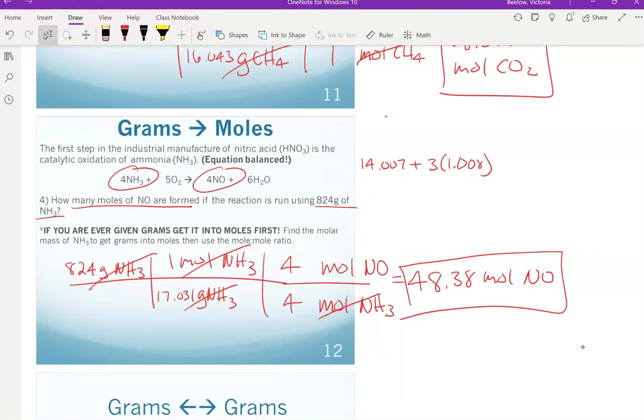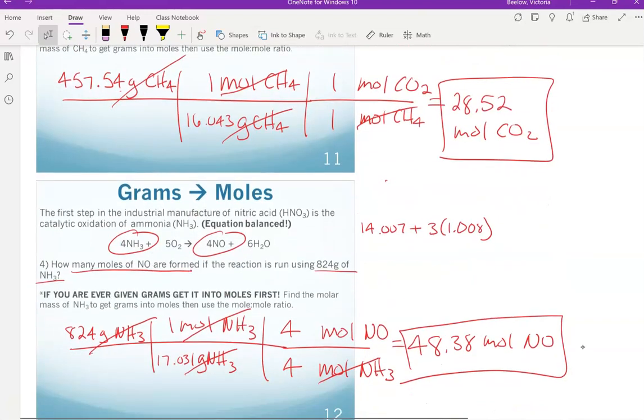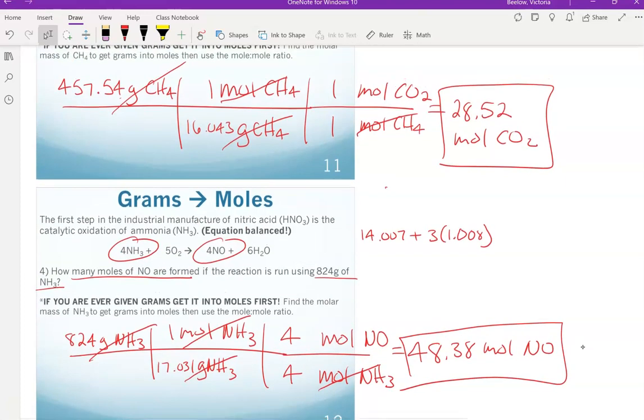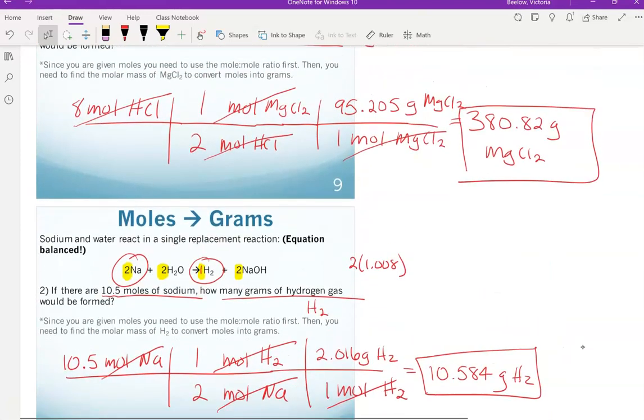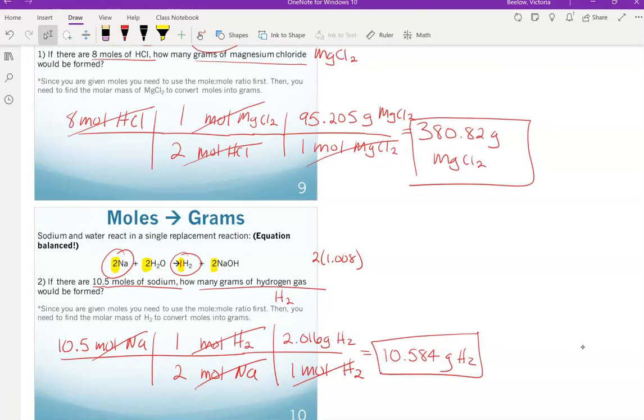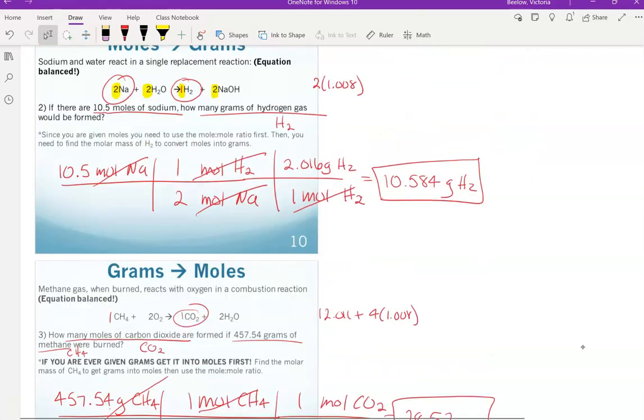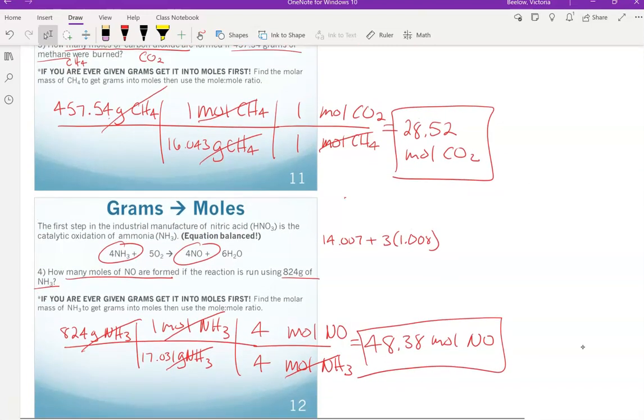So again, if you have grams, then you need to find molar mass to get grams into moles, like we started with these 2 picket fences here. In this situation, we started with moles, so we were able to go into using the balanced chemical equation right away to get moles of one substance into moles of a different substance, and then we used the molar mass to convert into grams. For these 2 problems, once we had our grams into moles, then we used the balanced equation.